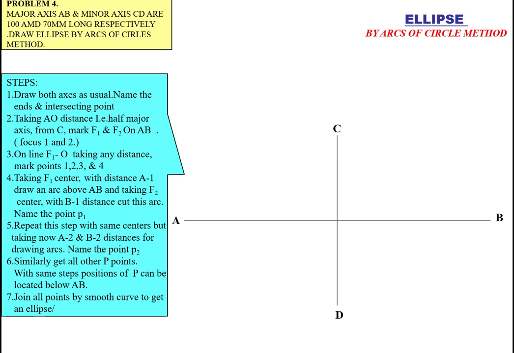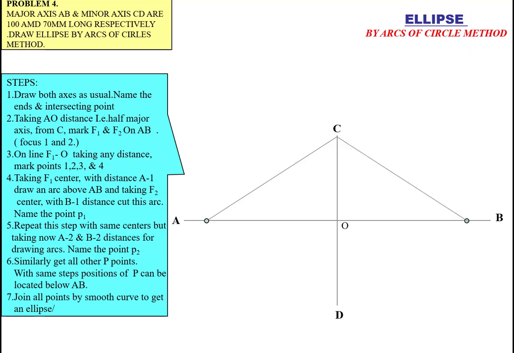Now take half of the minor axis, that is 35 mm, and make two arcs from point C on line segment AB.